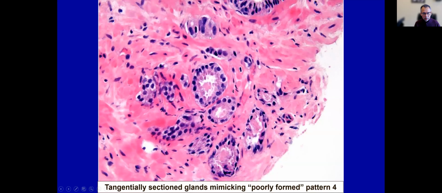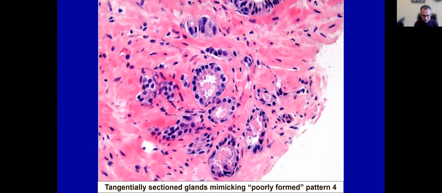Here is such an example where you have some well-formed glands and some poorly formed glands. In this example also, you are dealing with a small focus, so you cannot exclude tangential sectioning from your differential diagnosis. We did an inter-observer reproducibility study for this particular pattern, and we observed that inter-observer reproducibility is quite low even among experts, and we did find some recommendations that you can use to improve the reproducibility.